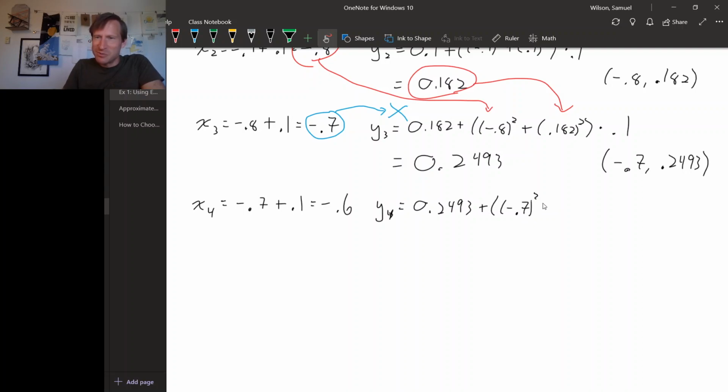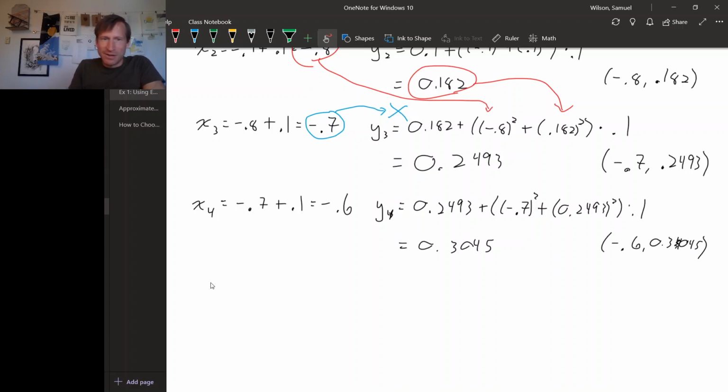So negative 0.7 squared plus our previous y value, 0.2493 squared, times 0.1 equals, this time we get 0.3045. So our next point is minus 0.6, comma 0.3045. Okay, this next one's going to be our last one because we're going to finally have an x coordinate that is minus 1/2. So negative 0.6 plus 0.1 is negative 0.5.